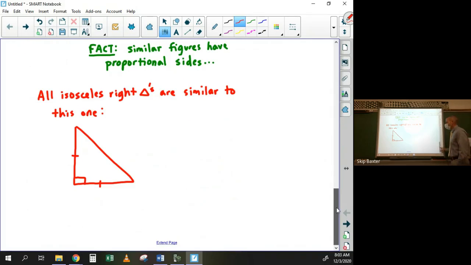Like, for example, let's just pick numbers. I'm going to pick this side to be a length of 1 and this side to be a length of 1.